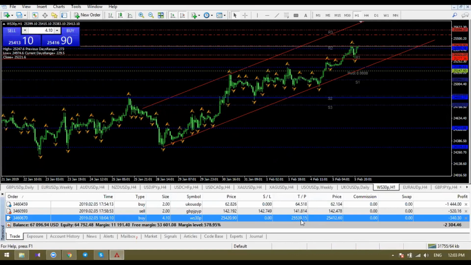What was TP? 25,339. No, 25,539. Repeating itself. And it's a buy, so whoever wants to get it, it has a buying order. Can you give us a number?